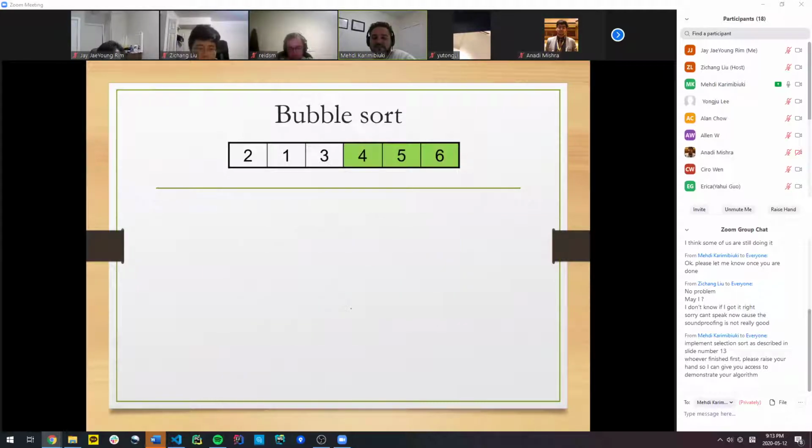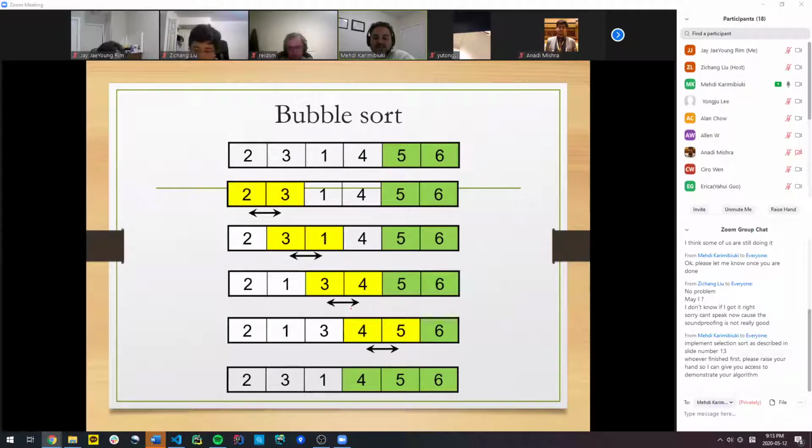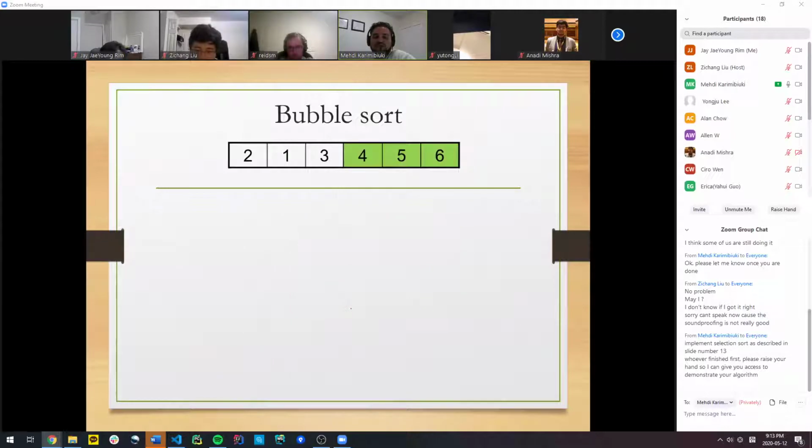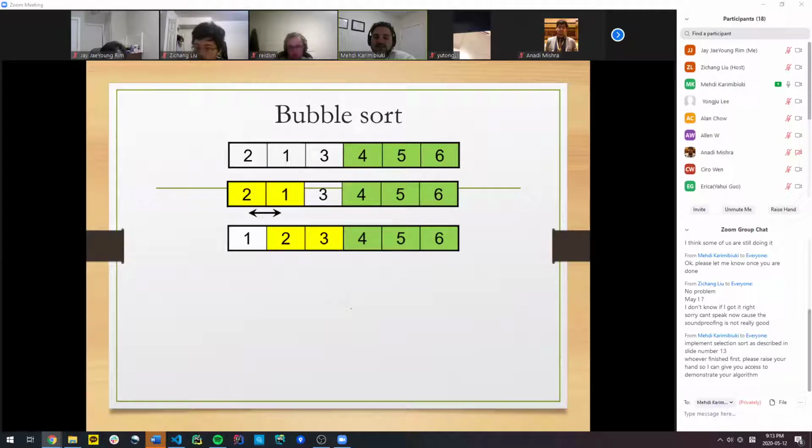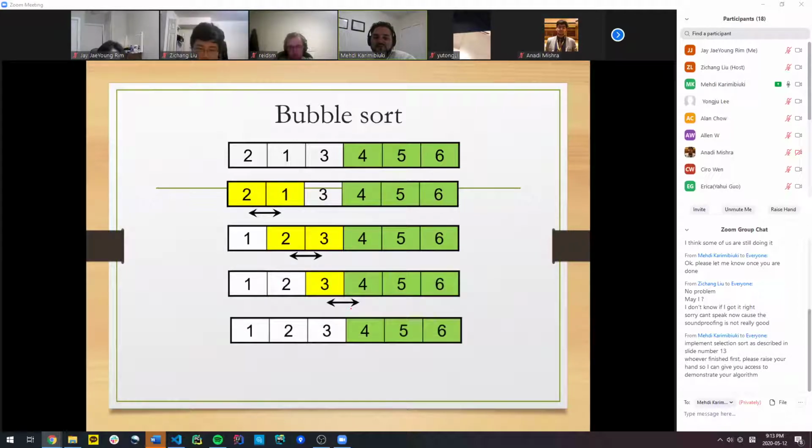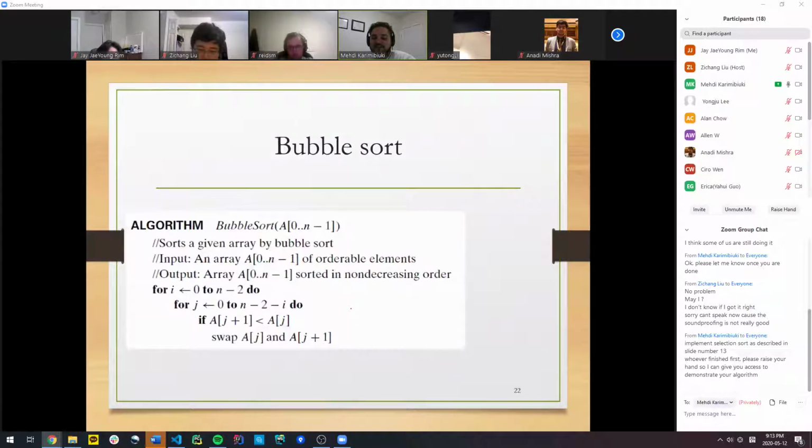We have to do it again. So slide 2, 3, 1 at the bottom, 2, 3, 1, 4, 5, 6. We go to index 0 again. 2, 1, it has to be swapped. 1, 2, right? 2, 3 will stay. 3, 4 will stay. 4, 5 will stay.